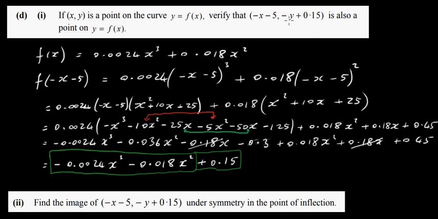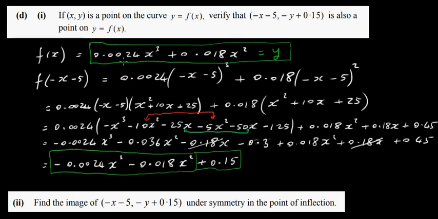Now the other part is minus y. Now remember, this here is just y. This is y here. This was my original function. What is it? 0.0024x cubed plus 0.018x squared. But look at this here. This is minus 0.0024x cubed minus 0.018x squared. This is just the minus version of this bit up here.